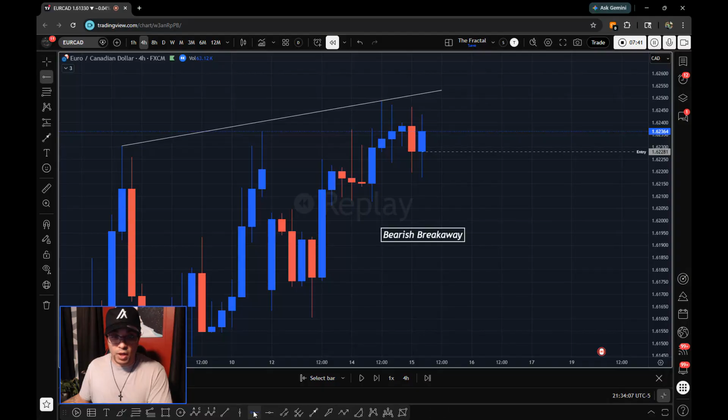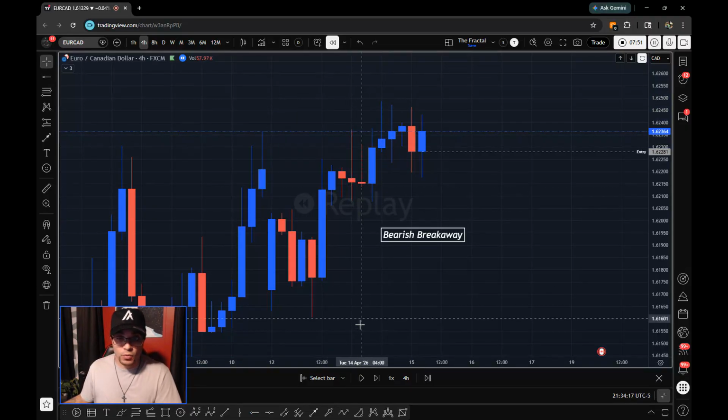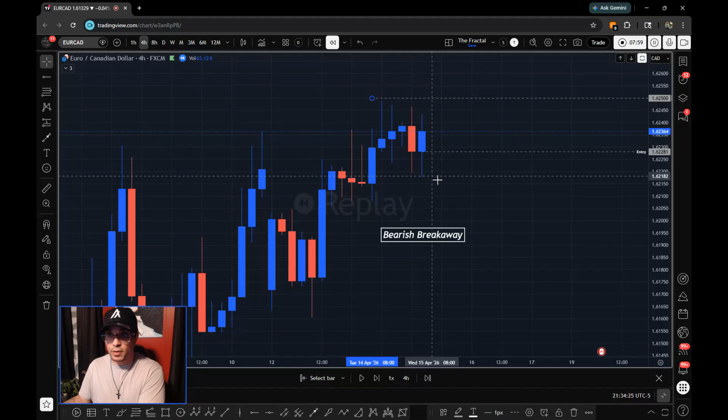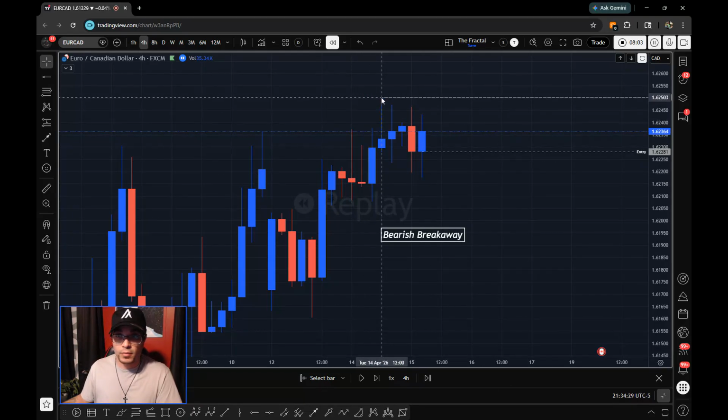Our stop loss would be above the high of the pattern. Okay, so if I remove my trend line here, we can see that our stop loss would be set somewhere about here. All right.